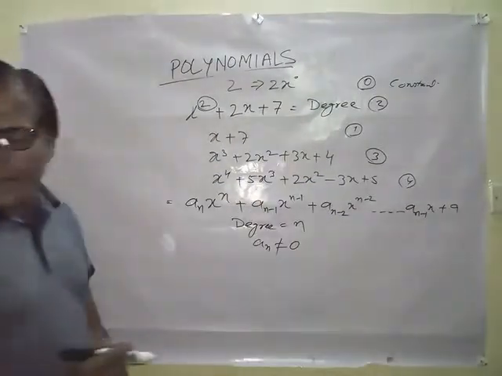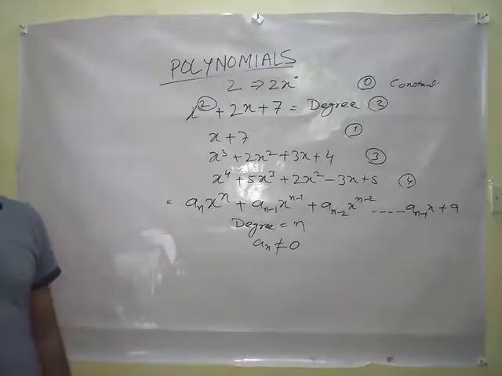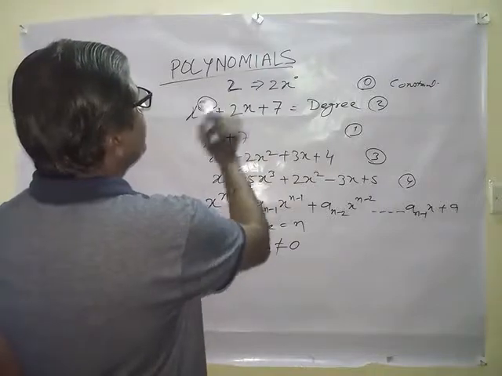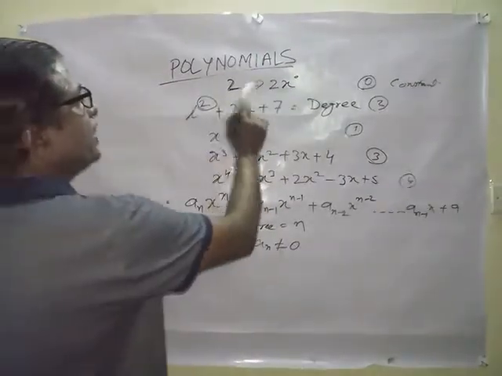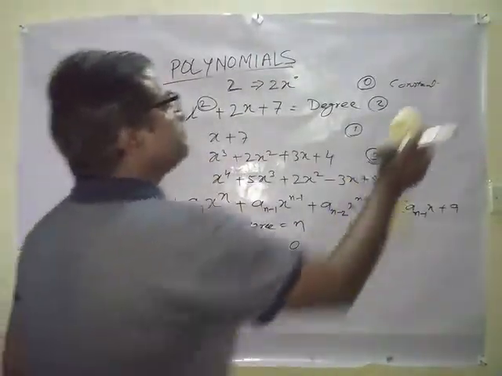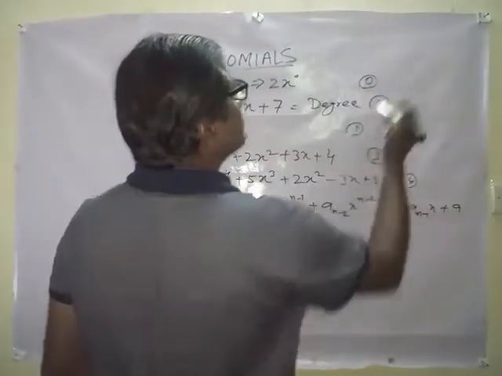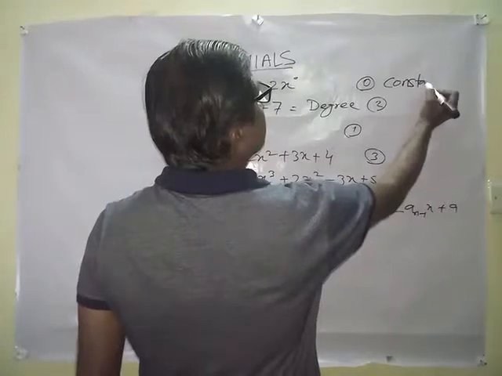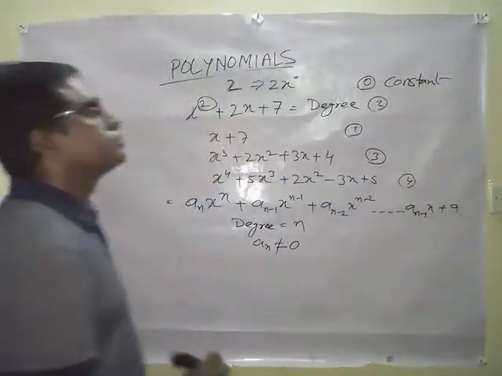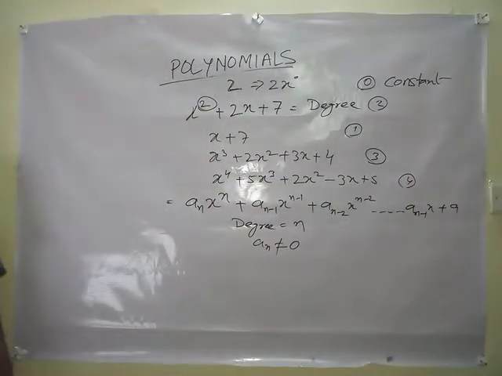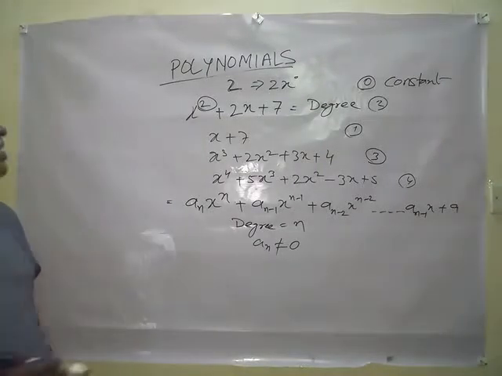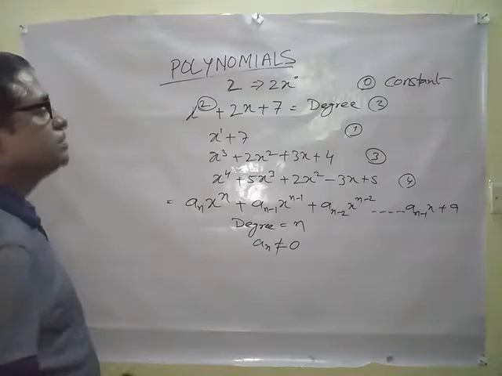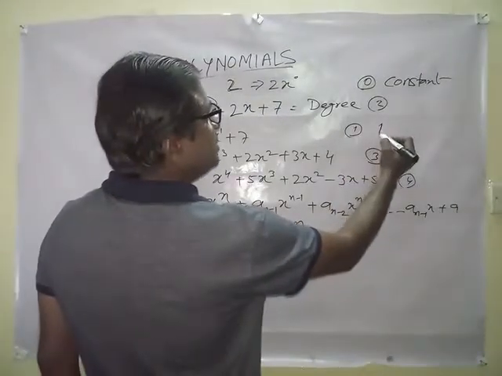There are names to it. If the polynomial equation is 2, then it is a constant. If the polynomial has a degree 1, meaning it is ax raised to power 1, then it is called linear.